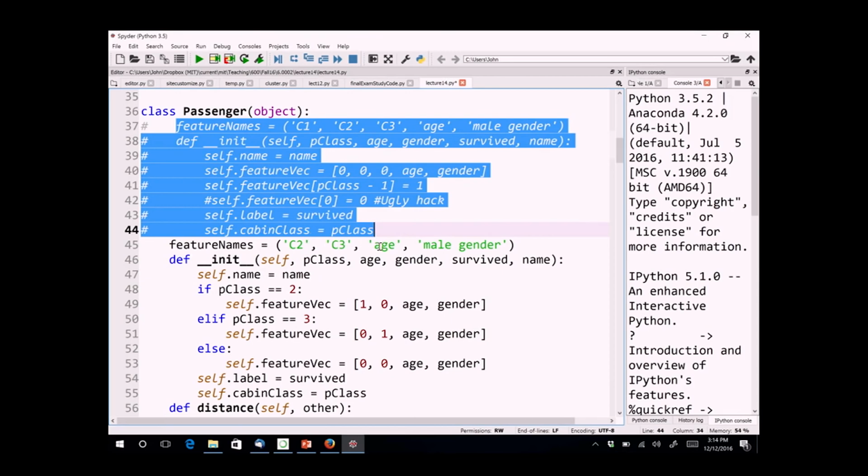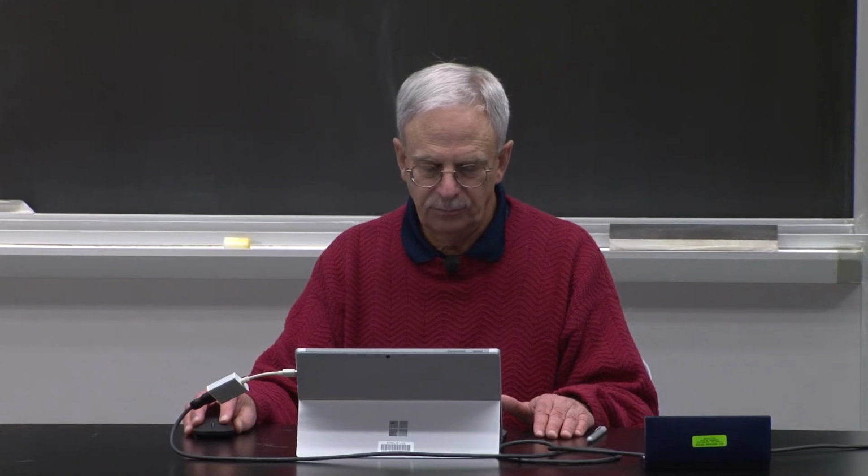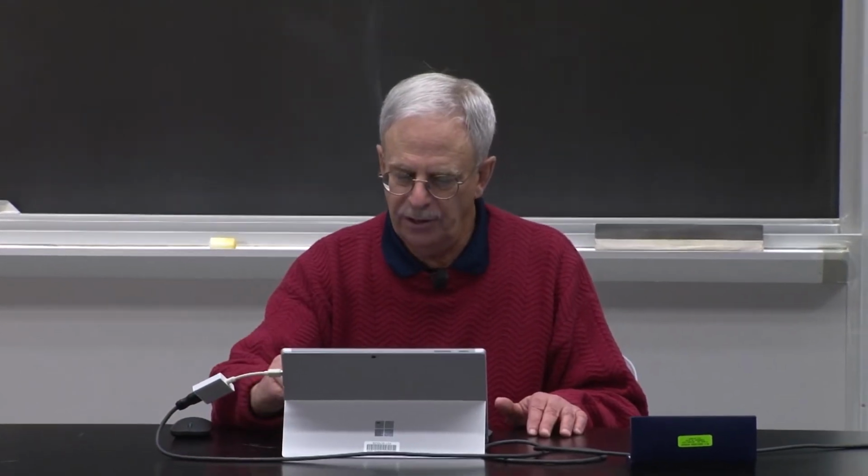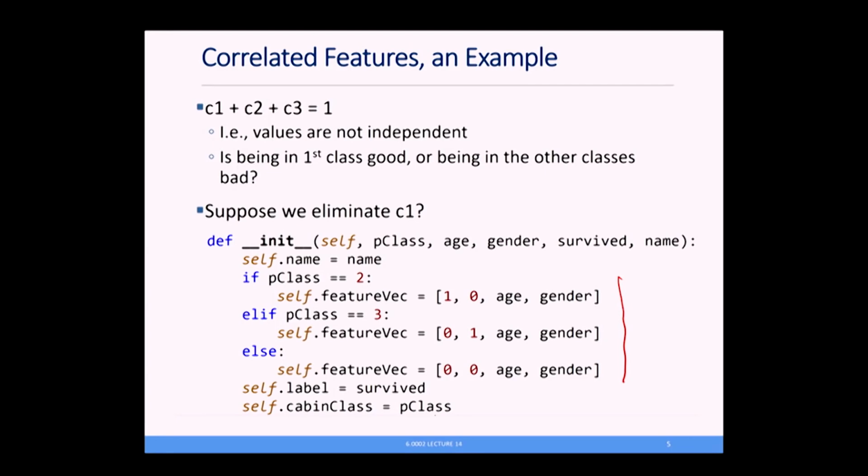I've eliminated the C1 binary feature. And then the code is straightforward. I've just come through here, and I've just enumerated the possibilities. So if you're in first class, then second and third are both 0. Otherwise, one of them is a 1. So my invariant is gone now, right? It's not the case that we know that these two things have to add up to 1, because maybe I'm in the third case.